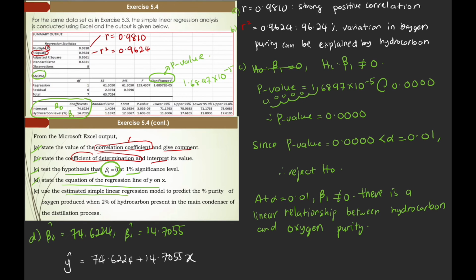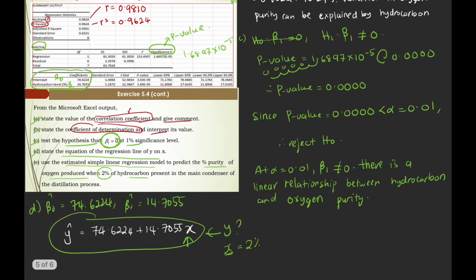Use the estimated simple linear regression model to predict the purity of oxygen when 2% hydrocarbon is present. So use this equation. They ask you to predict Y when they give you X as 2%. So you just substitute X into this formula. X equals 2.